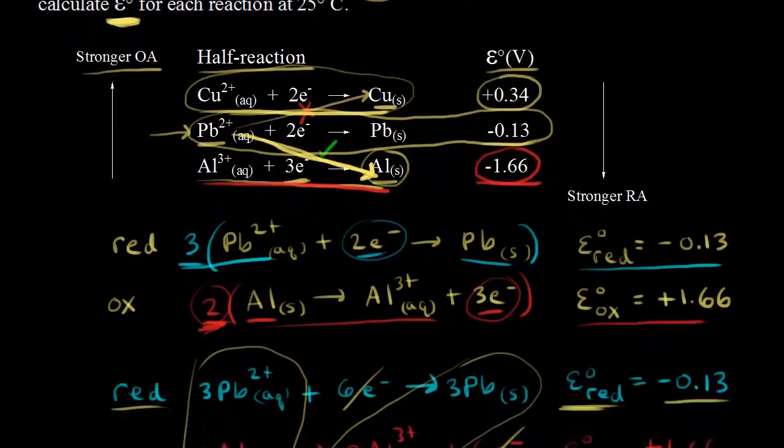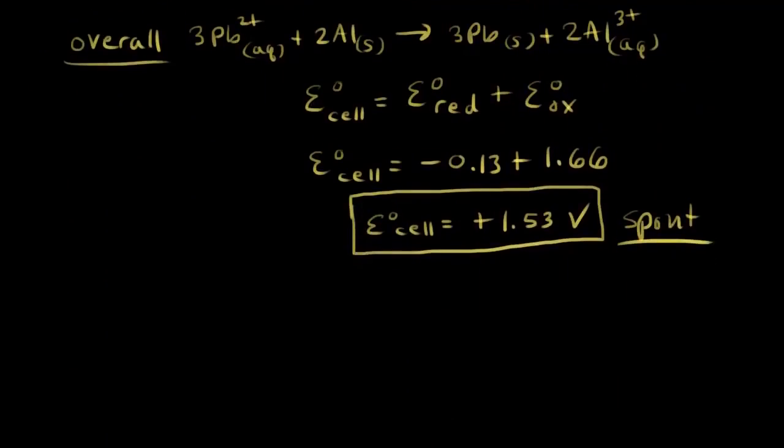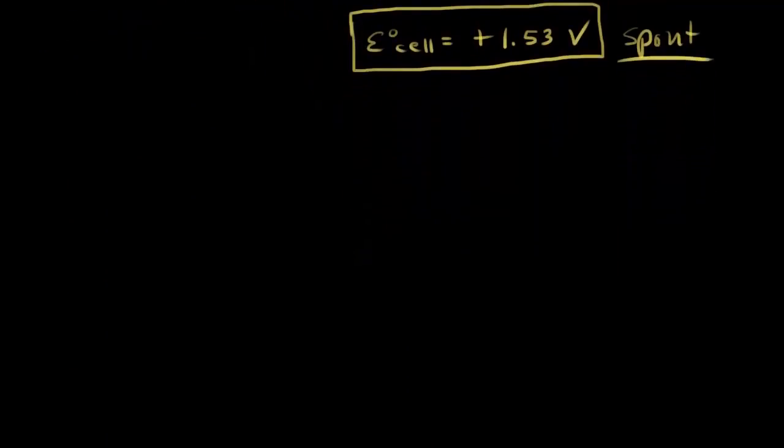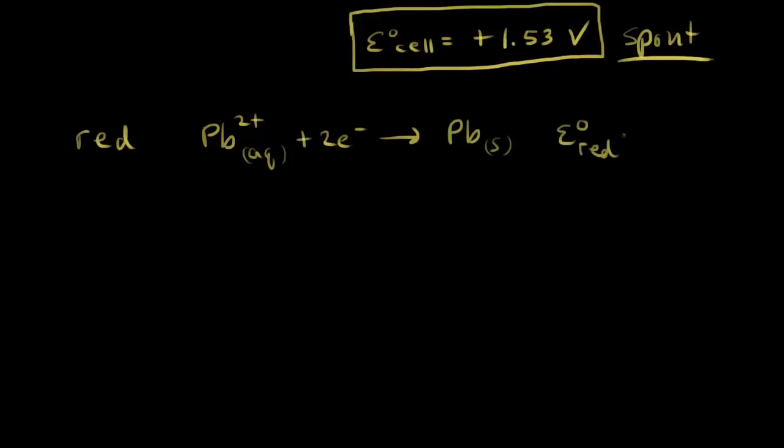So let's go back down here where we have some more room, and figure out the standard cell potential. We're going to write our reduction half reaction first, which was lead-2+ plus 2 electrons to give us solid lead. The standard reduction potential for this half reaction is negative 0.13 volts.